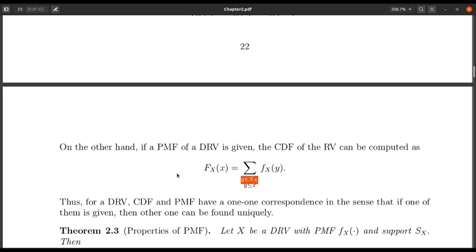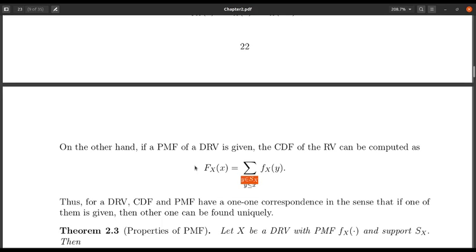Okay, so this discussion tells us that from the cumulative distribution function I will be able to find the probability mass function. On the other hand, from the probability mass function I will be able to find the cumulative distribution function, CDF.